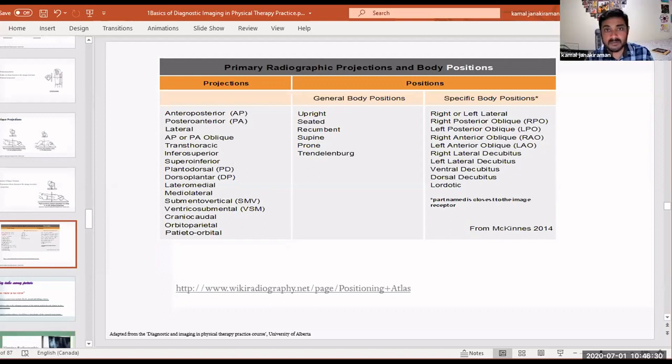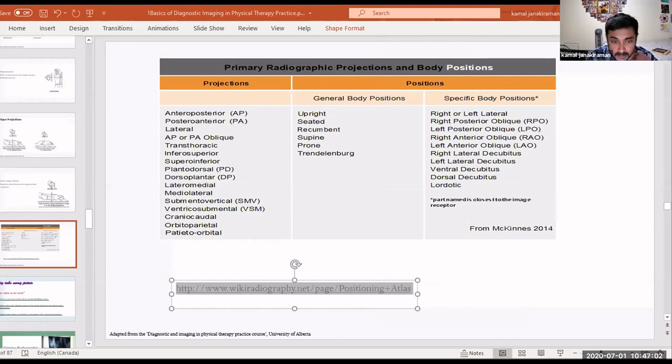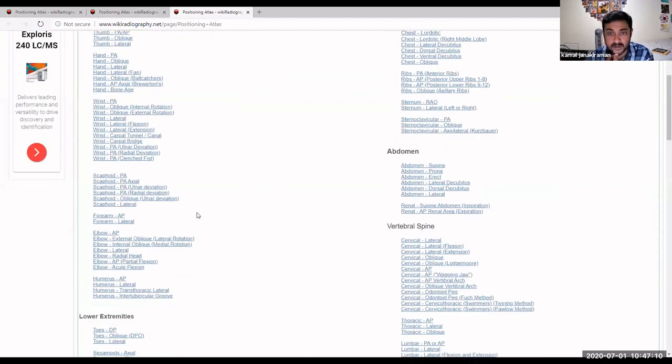Still no? No, you minimize this one, and you can show it in another browser. Wiki Radiography. You want? Shall I open it? Yeah, I can open it. You can share. Share your account. You can open in the new browser. Yeah, I'm just checking. And then you share that screen through this thing. Yeah, now it is coming. Yes, it's coming? Yes, sir. Okay. Thank you.